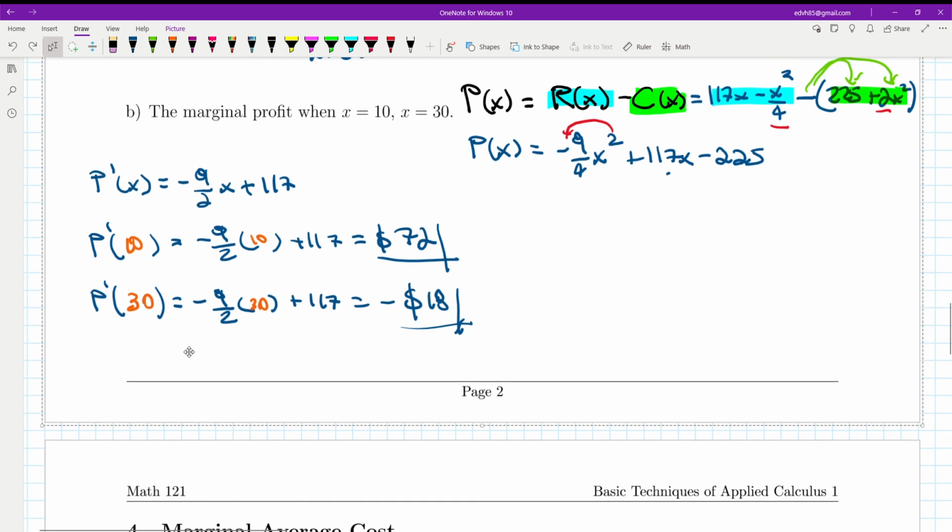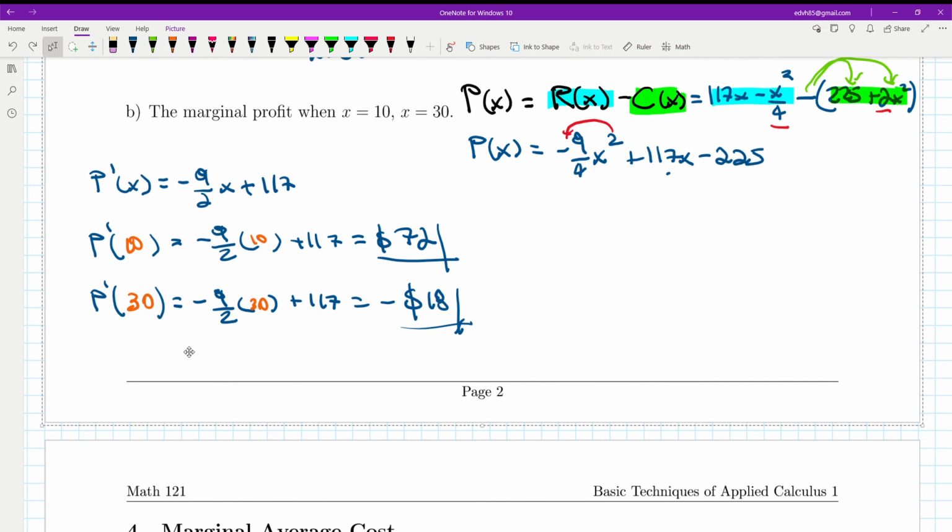So in this case, the marginal analysis will show us that the rate of growth of the profit per table is actually decreasing at a rate of $18 per table at a moment when 30 tables are manufactured and sold.